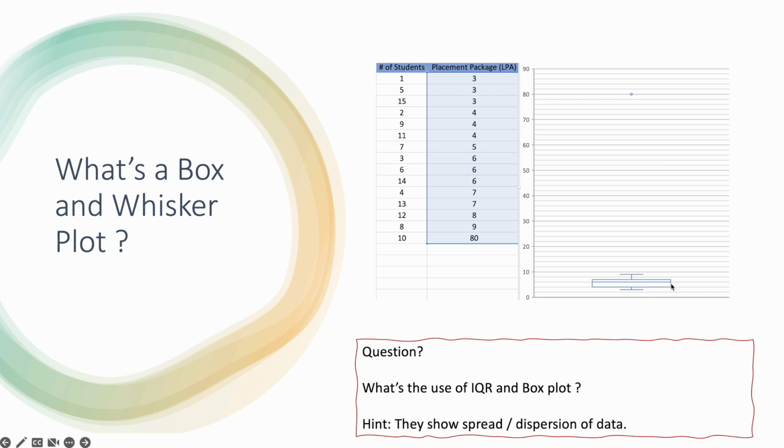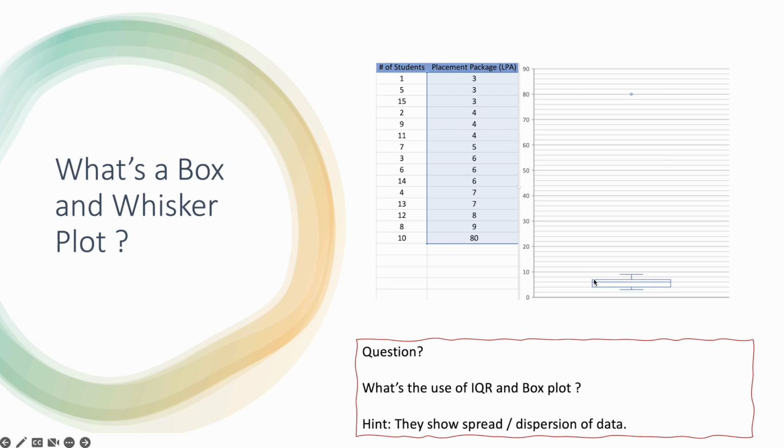The central rectangle which you are seeing is the box, and the perpendicular lines to that are called whiskers, the one at the bottom and the one at the top. That's why it is called a box and whisker plot. Now, how is it plotted? It's simple. In the middle rectangle, the line which is passing through it is my median.